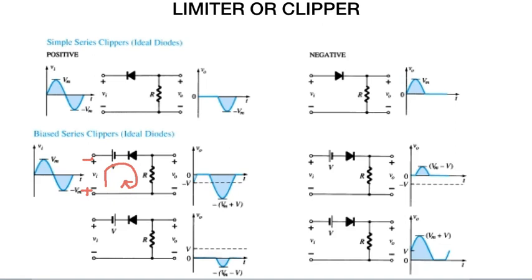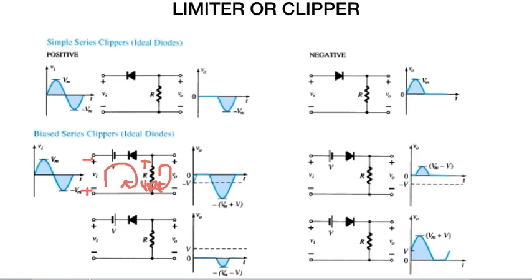If it is an ideal diode, there is no potential drop over it. By this equation, V0 equals VR. Then we apply Kirchhoff's law equation and follow it: plus V0 minus VR equals 0, so V0 equals VR.